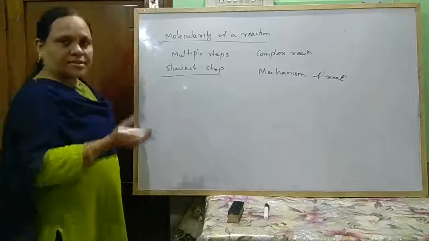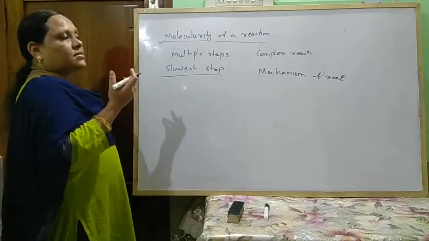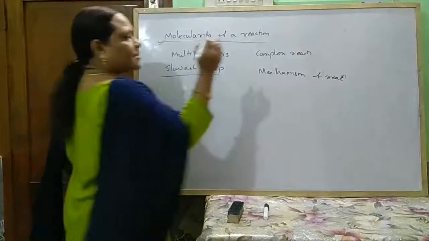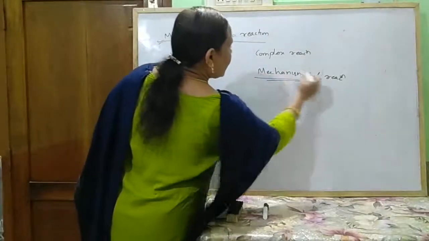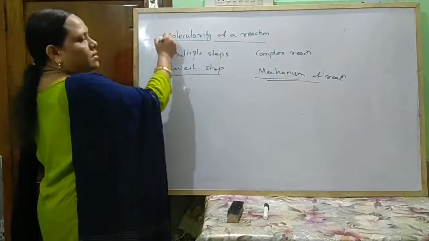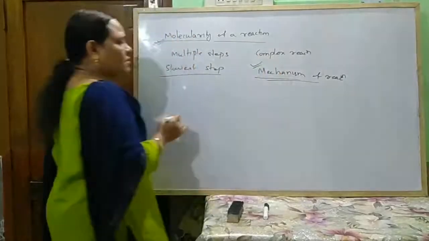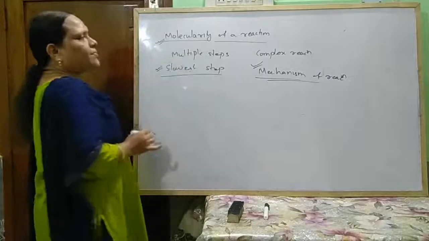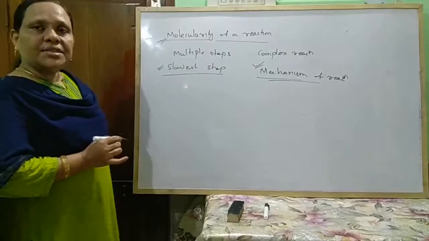How a chemical reaction takes place is explained by some steps, and those steps are known as the mechanism of the reaction. So molecularity depends on the mechanism, and if there are many steps, from the slowest step the molecularity of the reaction is determined.